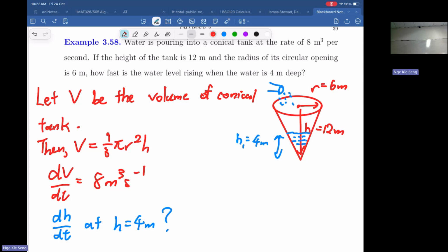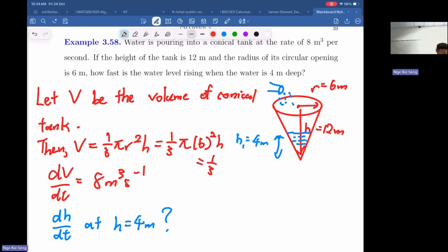Okay, so does anyone know what you need to do next? What should you do next? In this formula, not all the r and h are variables. Something is fixed here. There's one thing that you never change, and that is the radius. So actually it's 1 over 3 of pi of 6 squared h.